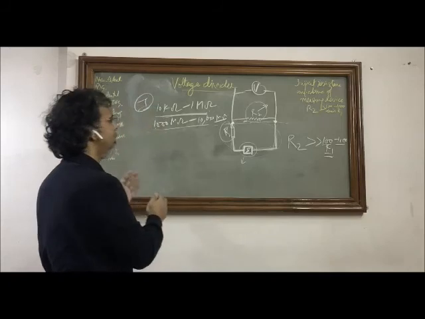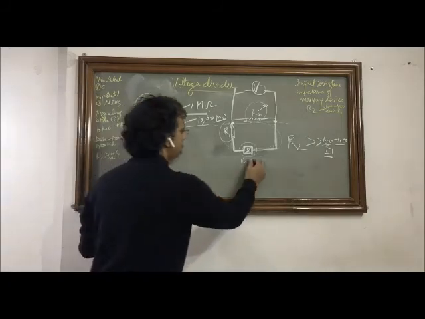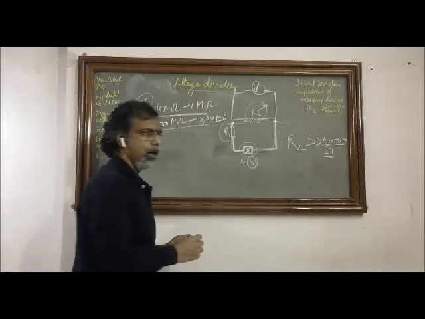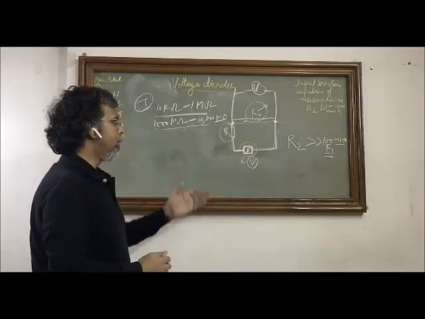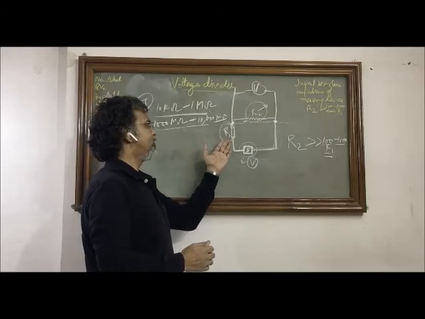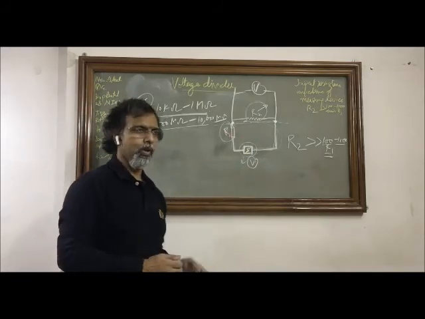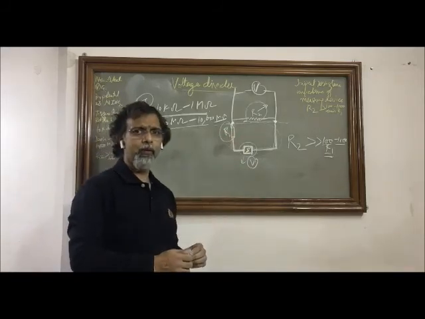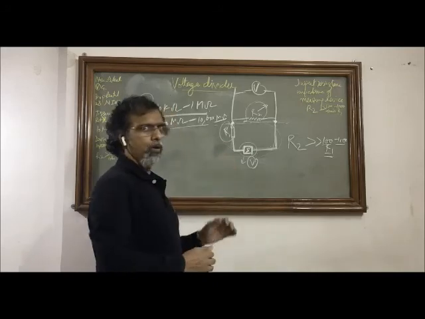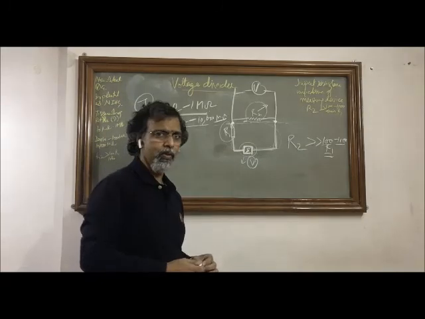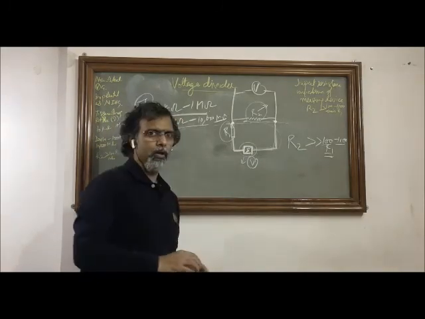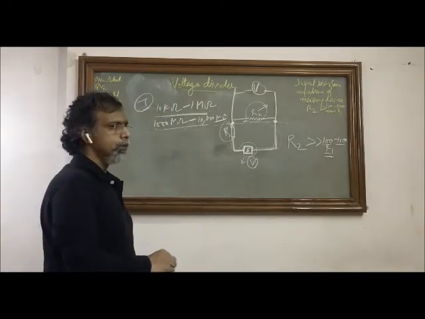The more the value of the resistor, the more the potential drop across it, and the less the value of the resistor, the less the potential drop across it. So depending upon our need, we can choose.